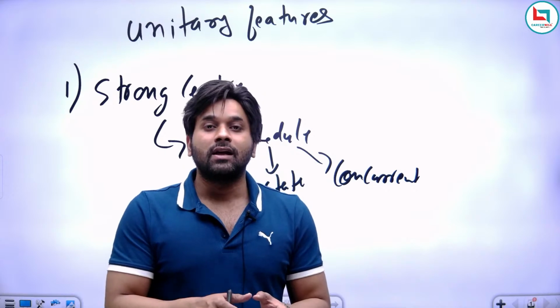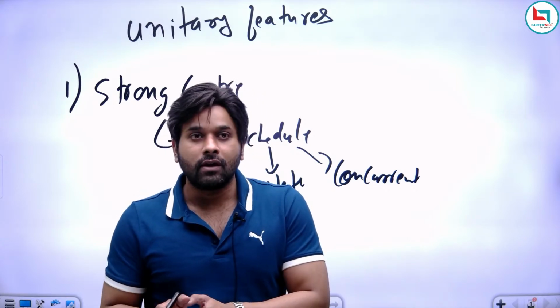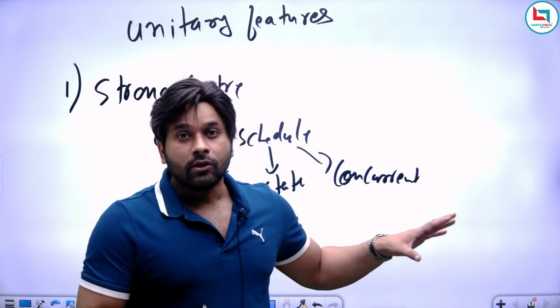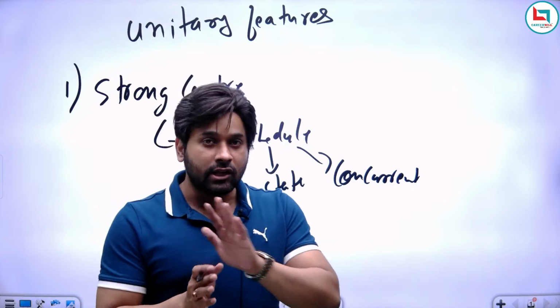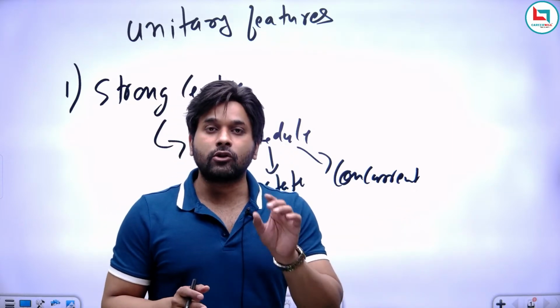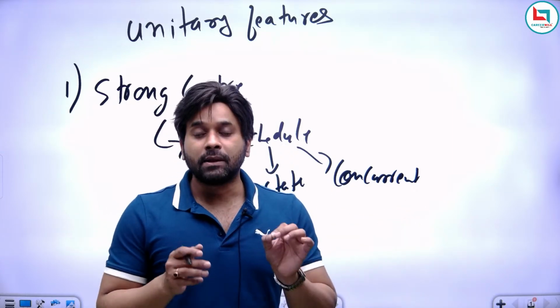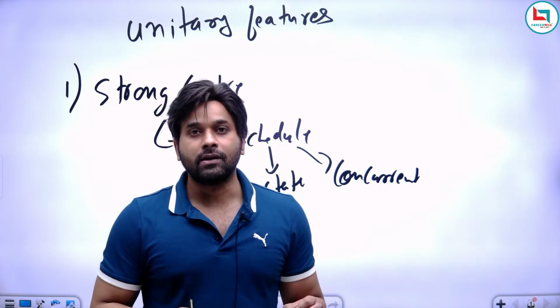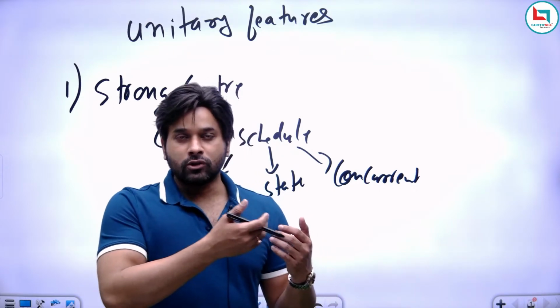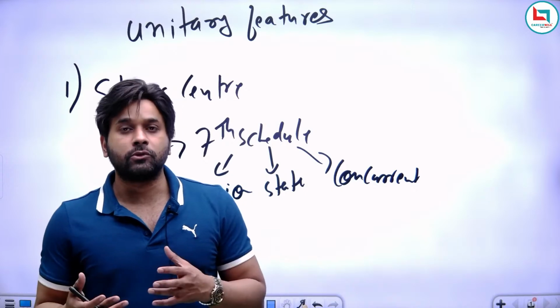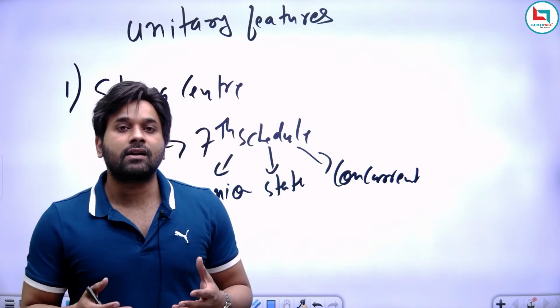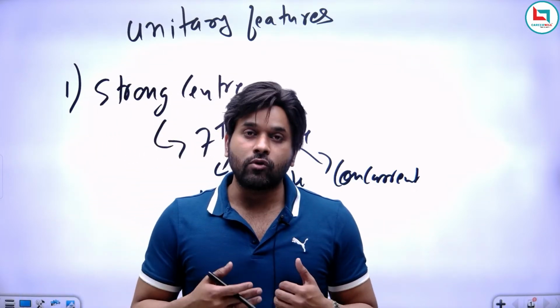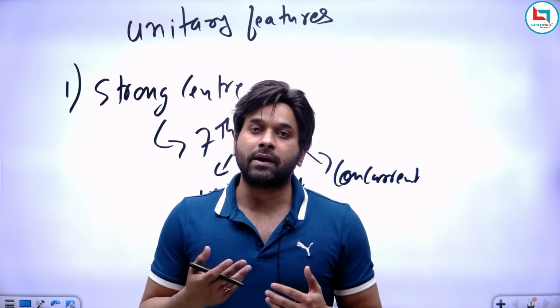This again shows that the center is more powerful. And one more thing, those subjects which are not mentioned in any of these lists are known as residuary subjects, and the power to make laws on such subjects is vested in the Parliament. So because of this distribution of power, we can rightly say that according to our Constitution, the center is more powerful compared to the states.